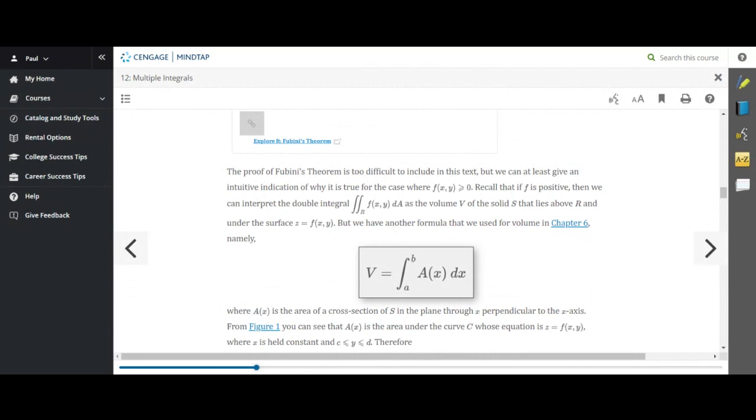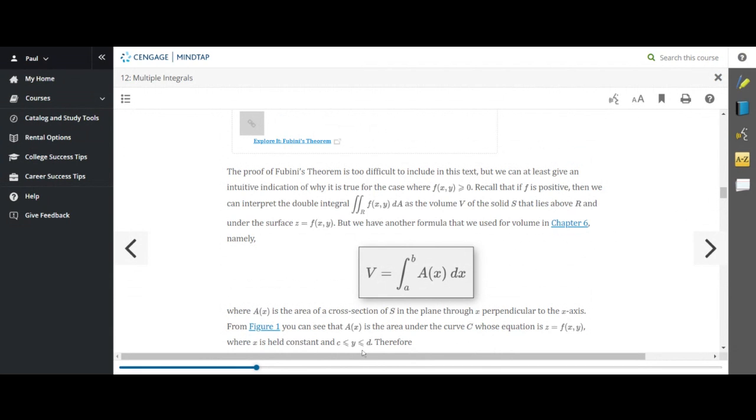That's a formula for finding volume, as well as a double integral: the volume of the solid S that lies above region R and under the surface f of x, y.